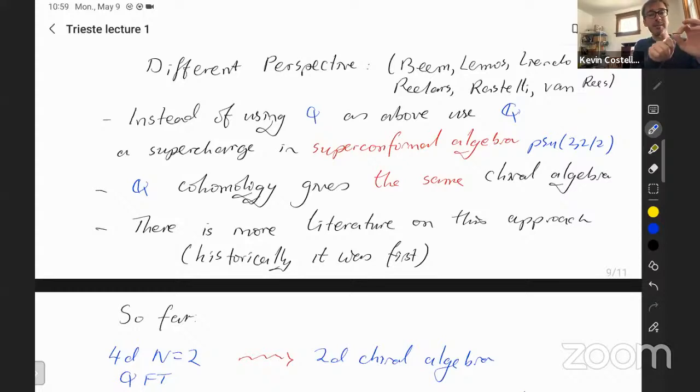That implies, if you think about it, that the operators that live in the Q-cohomology only exist on a plane inside of R4, just like we saw above, where the operators only lived at the tip of the cigar. Then they take the Q-cohomology, and it's the same chiral algebra.